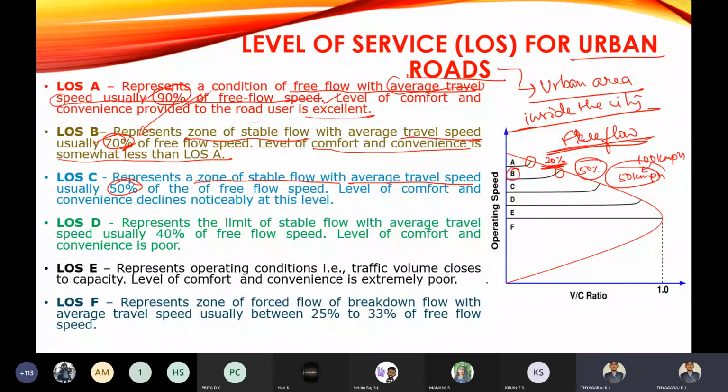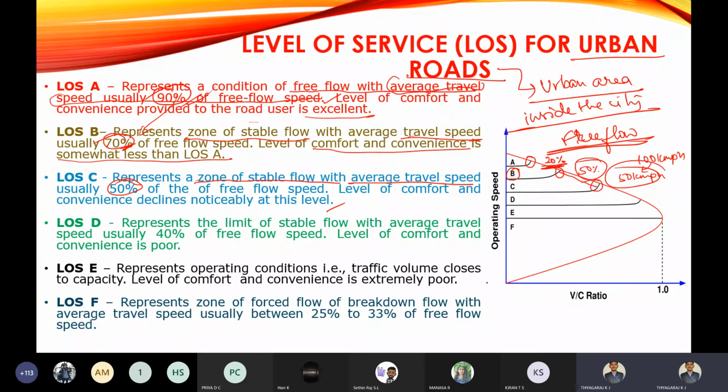Remember, if the road is designed for 100 kmph, when the road is at level of service C, you should travel with 50% of the free flow speed. Then the level of comfort and convenience declines noticeably at this level. So as we all know, from level of service B to C, the comfort and convenience is going to decline noticeably.